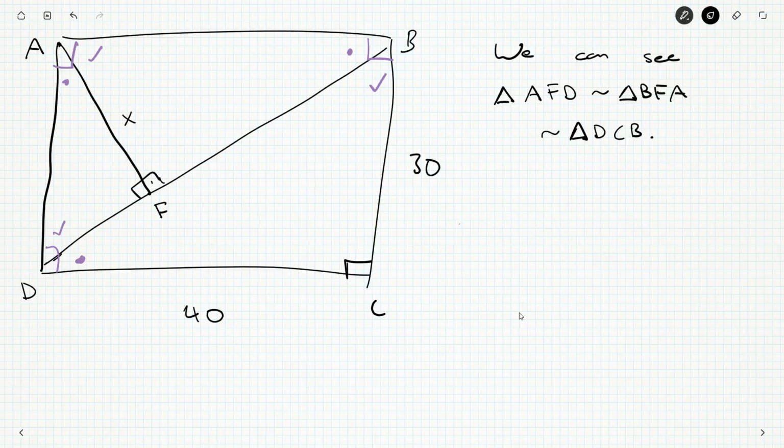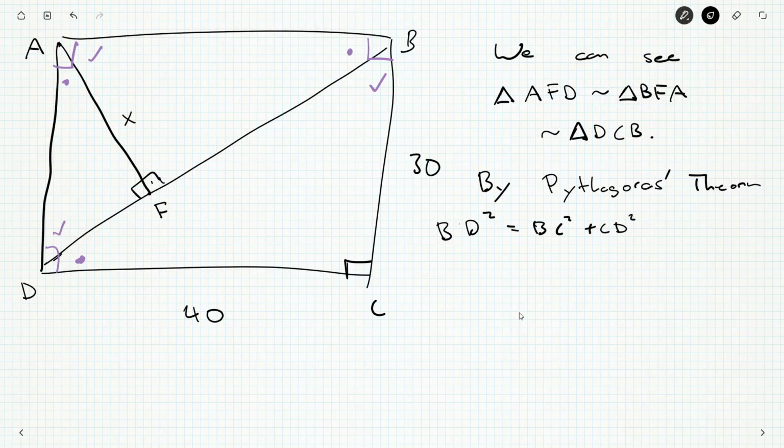Let's say by Pythagoras' theorem, whatever you want to say, we can see that BD squared is equal to BC squared plus CD squared, which is 30 squared plus 40 squared, which is equal to 50 squared. So BD equals 50.